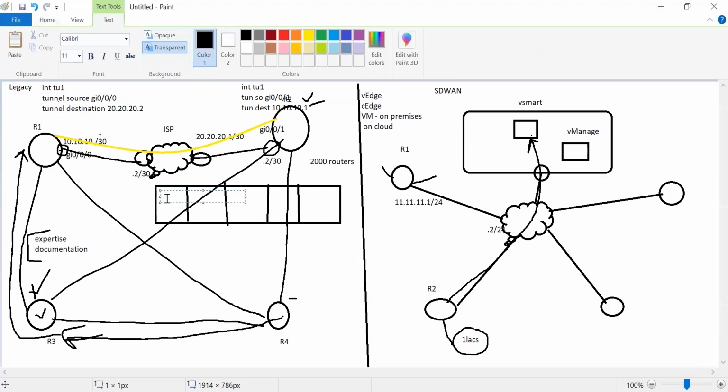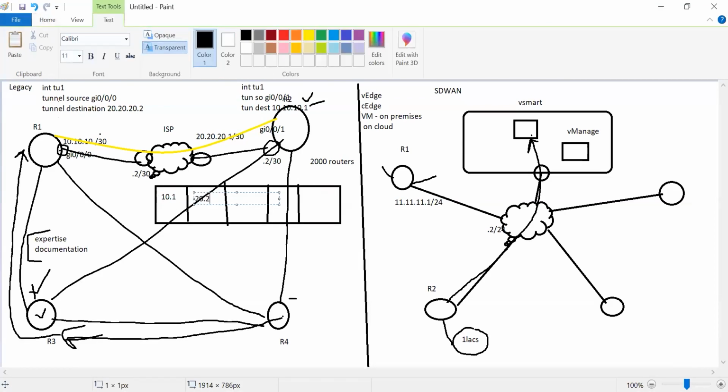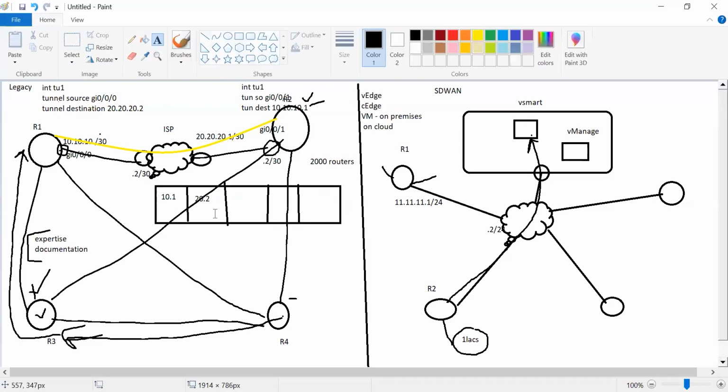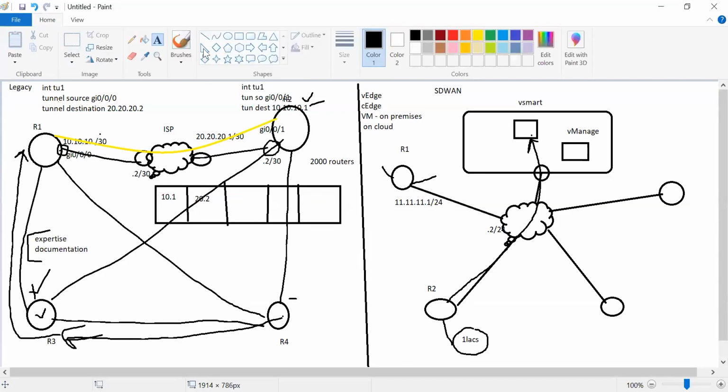Source IP would be 10.1, destination would be 20.2. There can be source and destination ports, etc., but for our understanding so far, only IP addresses are of concern. Source is 10.10.10.1, destination is 20.20.20.2.